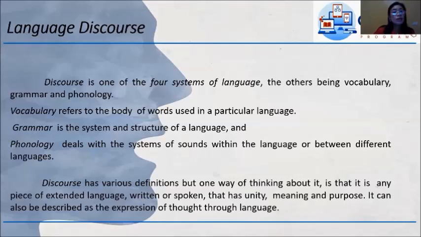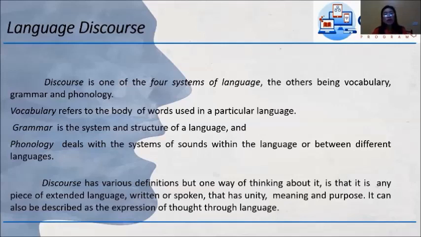Now, discourse has variations of definitions. But one way of thinking about it is that discourse is any piece of extended language, written or spoken, that has unity, meaning, and purpose. It can also be described as the expression of thought through language.